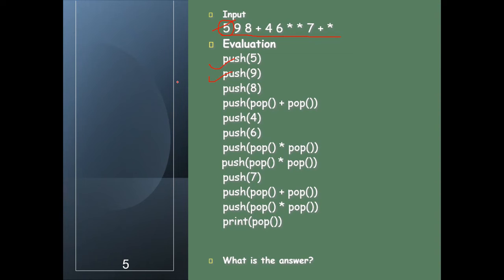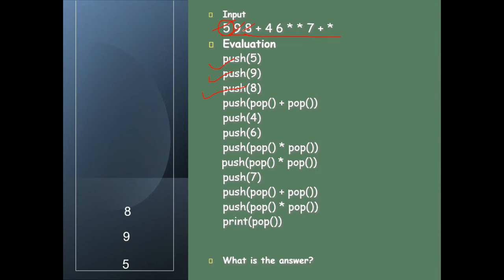After pushing 9, you can see that this 9 has been inserted here. Go for the next symbol. 9 is also over. Next is 8. 8 is an operand, so you again push it into the stack. Pushing 8 gives us the result like this. As the first three characters in this expression are operands only, we have not yet performed any operation. As these are all operands, we push them into the stack.